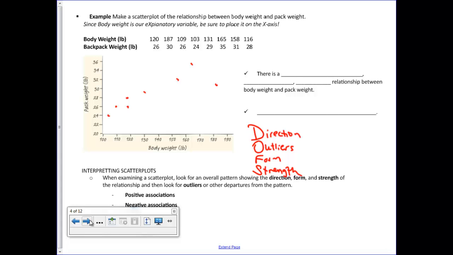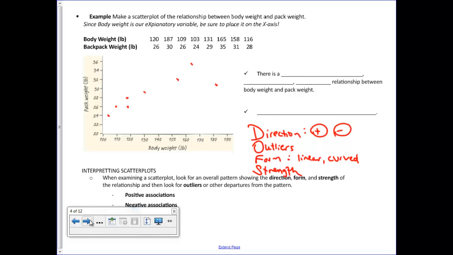And here are your options. When I say direction, is it positive or is it negative? Outliers, you can tell what outliers are. When we talk about form, it's either going to be a linear relationship or it's going to be curved. What's linear?